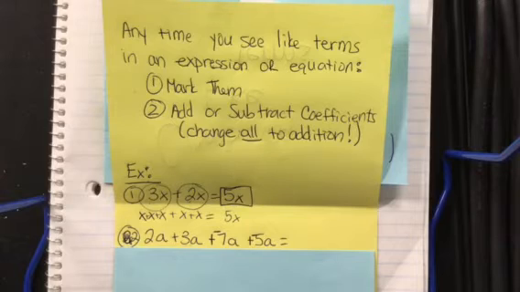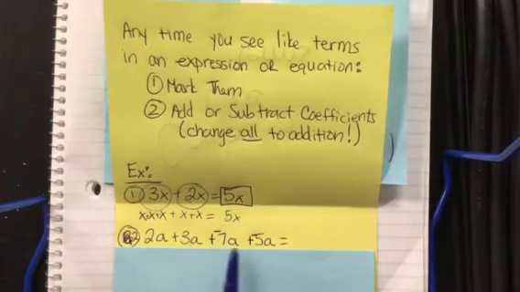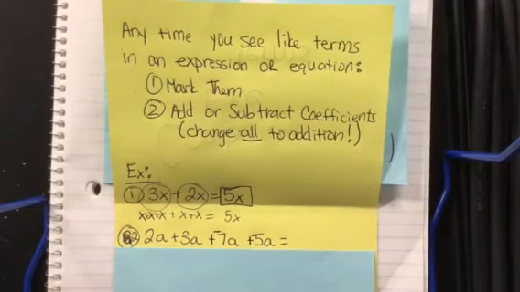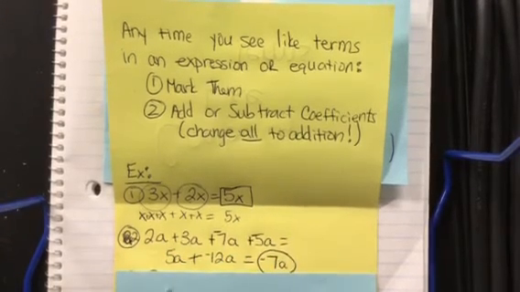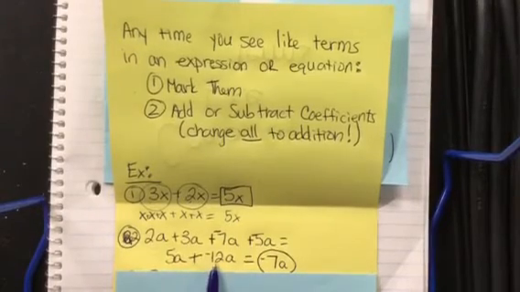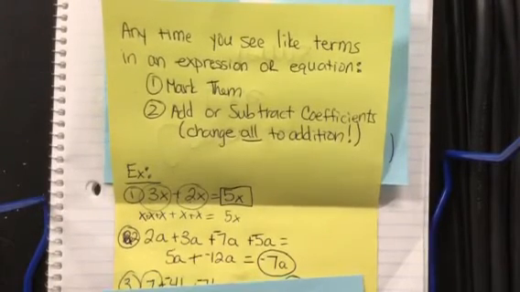Okay, I've got 2a and 3a, which gives me what? 5. And then I have negative 7 and negative 5, which gives me negative 12. When I add 5a and negative 12a, I get negative 7a.